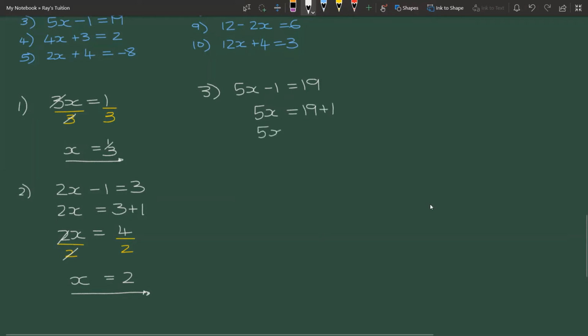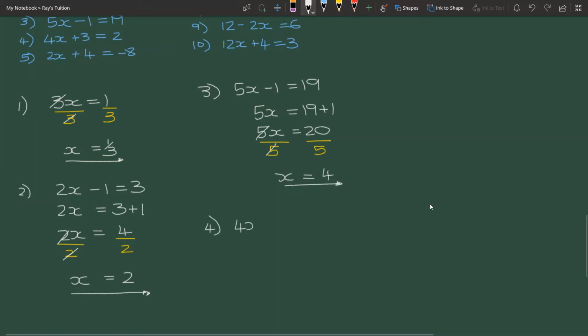So we have 5x is equal to 20, and dividing both sides by 5, we can then get x by itself, and we get that x is equal to 20 divided by 5, which is 4.